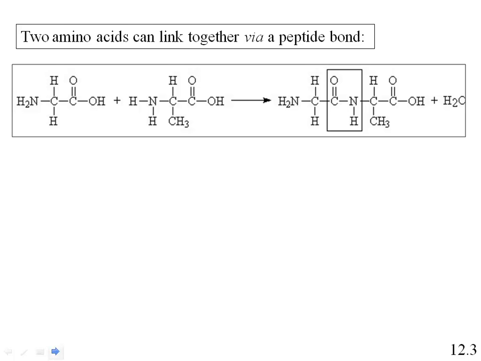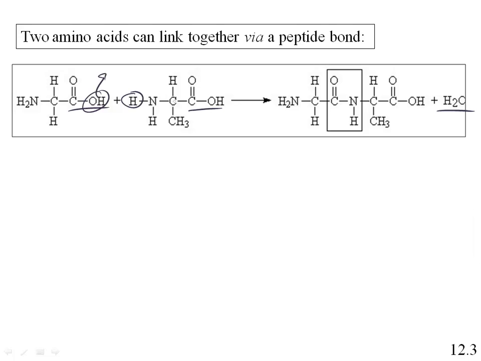So two amino acids can link together. Here's the carboxyl group of one amino acid, and here's the amino group of the other amino acid. So we lose an OH group here, and we lose a hydrogen here, and what do we get? Hydrogen plus OH, the hydroxide, gives us water.